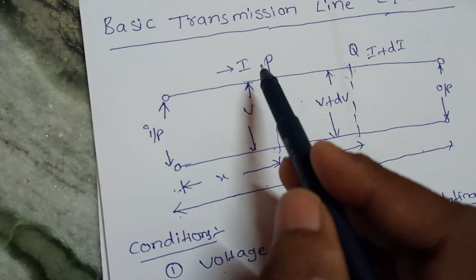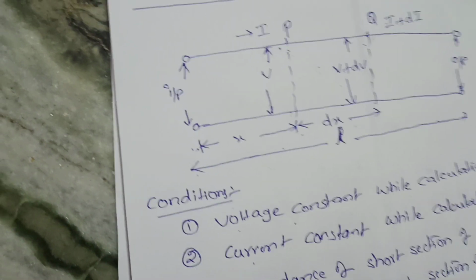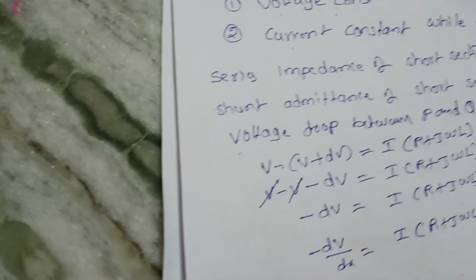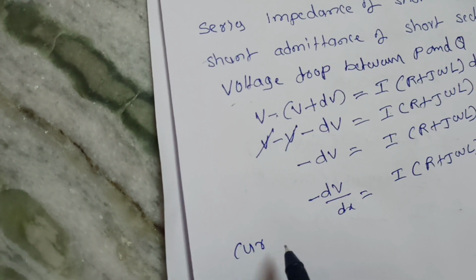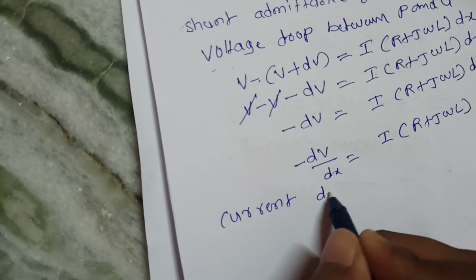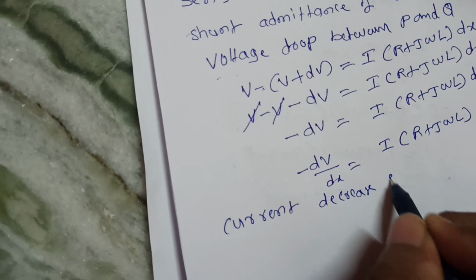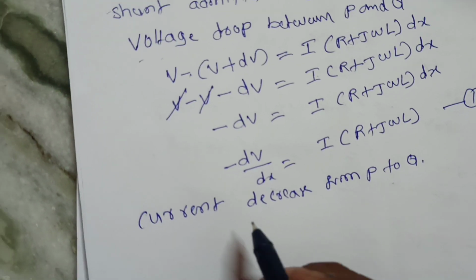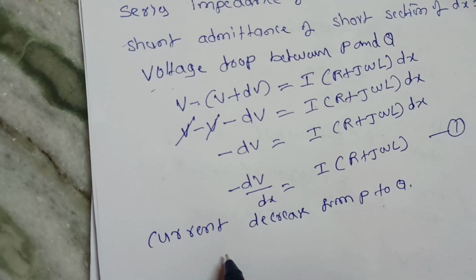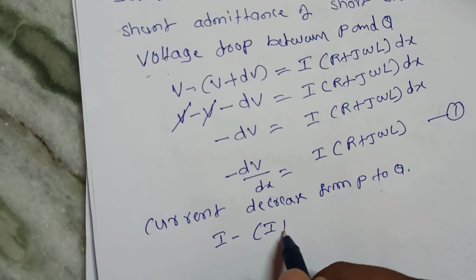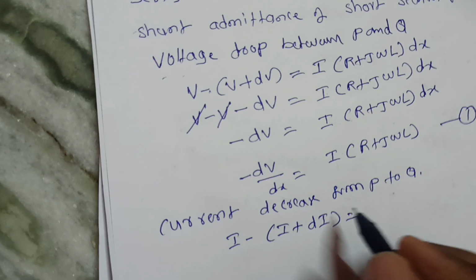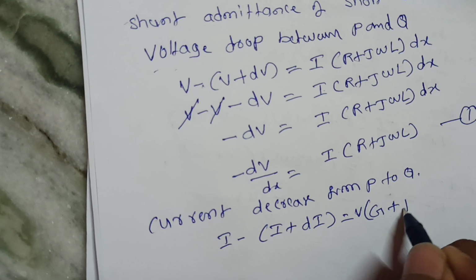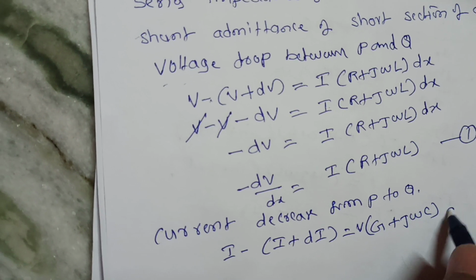Similarly, the current decrease from P to Q is I minus (I plus dI), that is equal to voltage V times (G plus j omega C) dx.